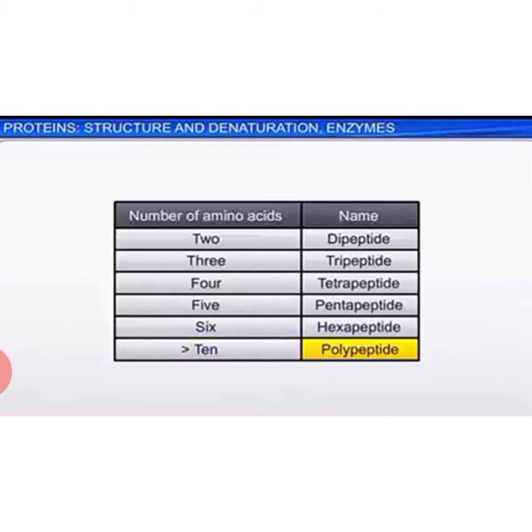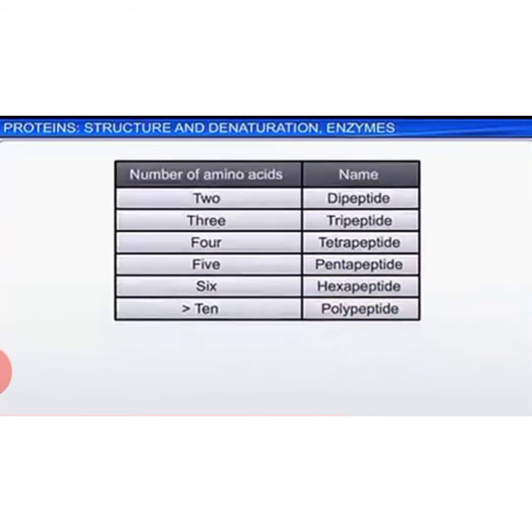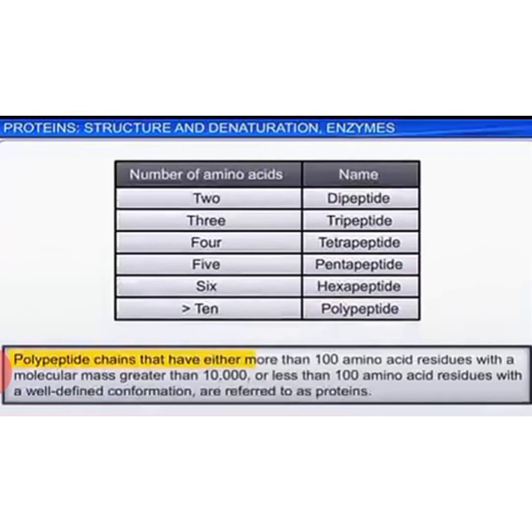Thus, depending upon the number of amino acid residues present per molecule, peptides are classified into dipeptide, tripeptide, tetrapeptide, and so on, up to polypeptides. Polypeptide chains that have either more than 100 amino acid residues with a molecular mass greater than 10,000 or less than 100 amino acid residues with a well-defined conformation are referred to as proteins.